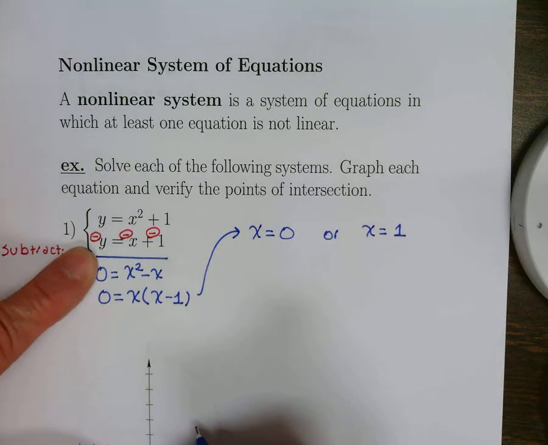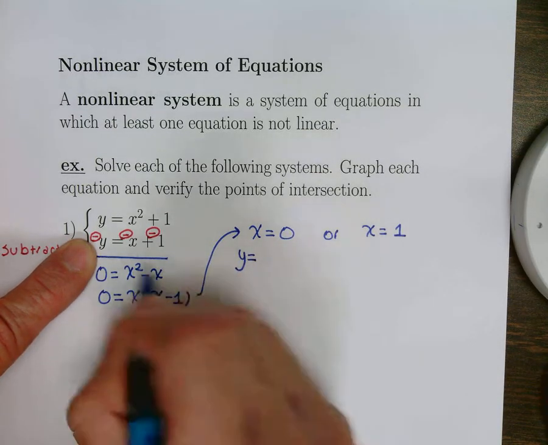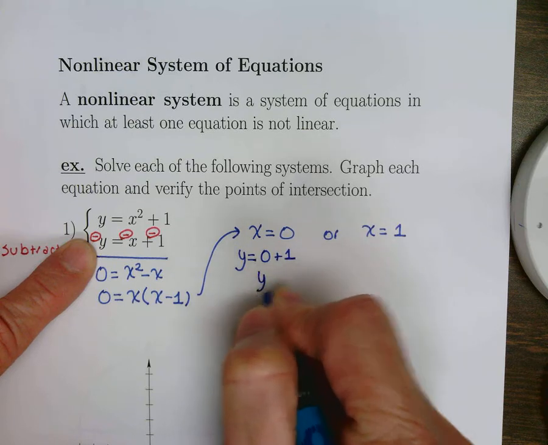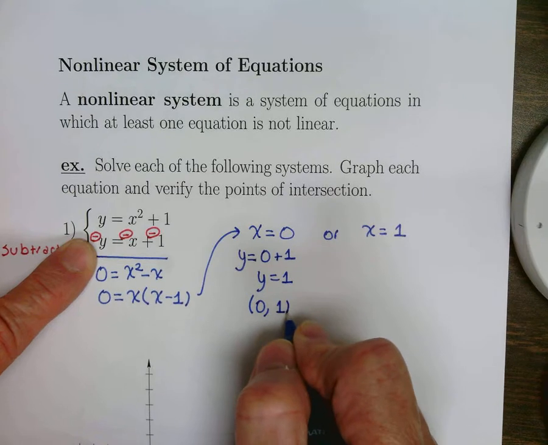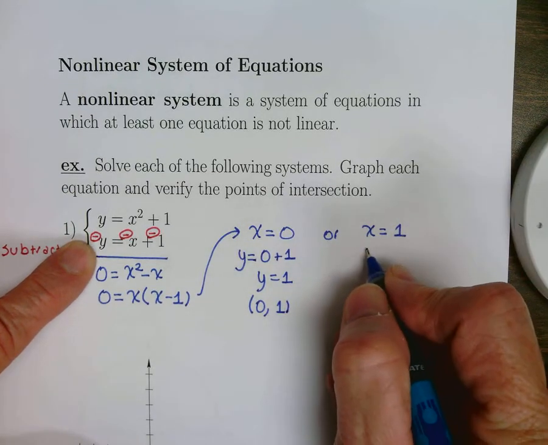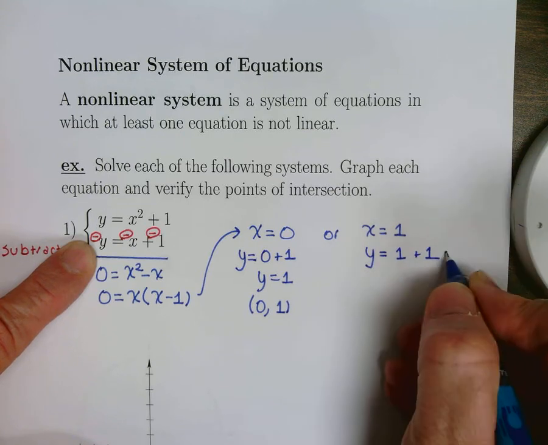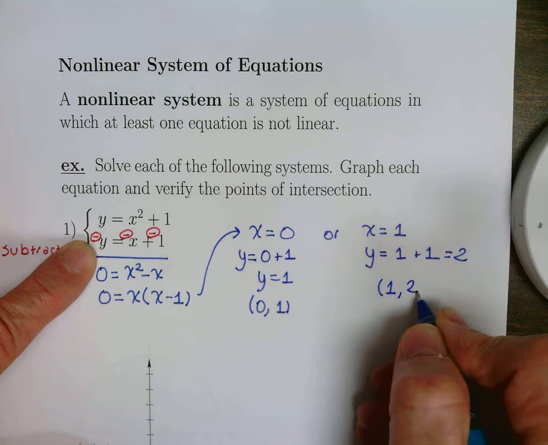And then I have to find the corresponding y value. I can plug it into either equation, but it's probably easier to plug it into the second one. So if x equals 0, y equals x plus 1, so it's 0 plus 1, so y equals 1. So I have the ordered pair 0, 1. On the other hand, if x equals 1, y equals 1 plus 1, so y equals 2. And I have the ordered pair 1, 2.